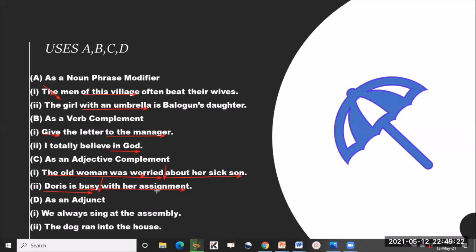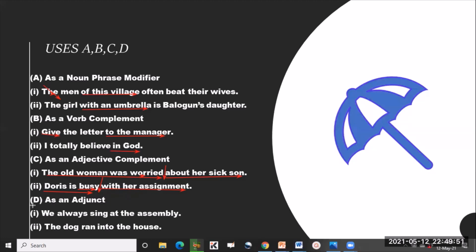So with her assignment is giving additional information about the adjective busy. All right. So if you are busy, there must be something that has kept you busy. And so this prepositional phrase is used to complete the information. And that is why it is called an adjective complement here.